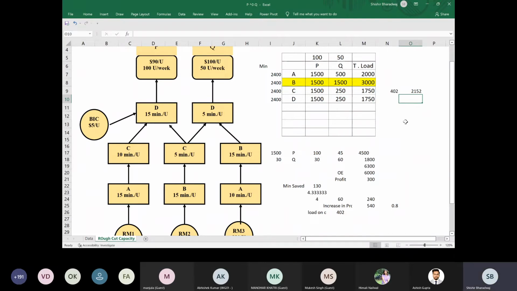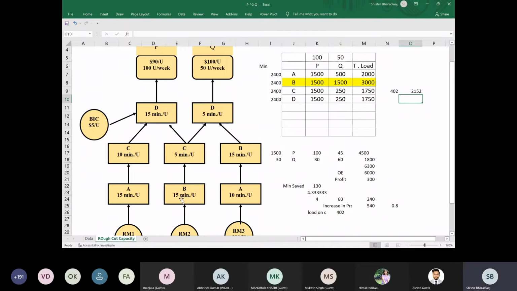So what people are talking about productivity jump is only called a productivity jump if it causes an increase in your throughput or profit. Here in this example, the efficiency of C is going down, and the utilization of B is going down because naturally you have some minutes spare to it.